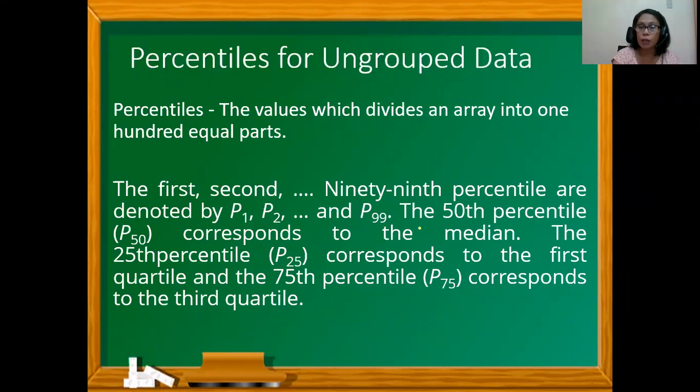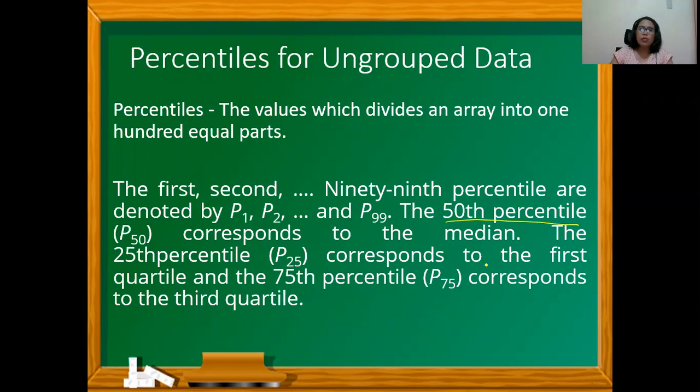sub 99. Take note, class, that the 50th percentile corresponds to the median, while the 25th percentile corresponds to the first quartile, and the 75th percentile corresponds to the third quartile.